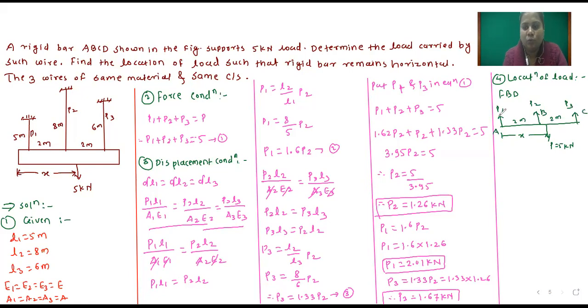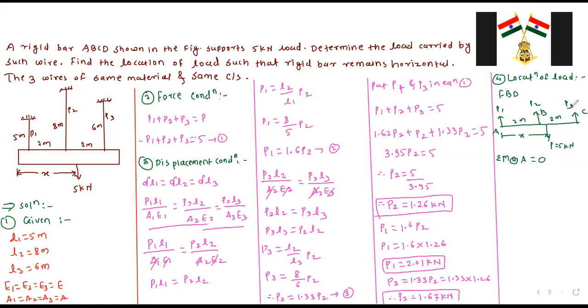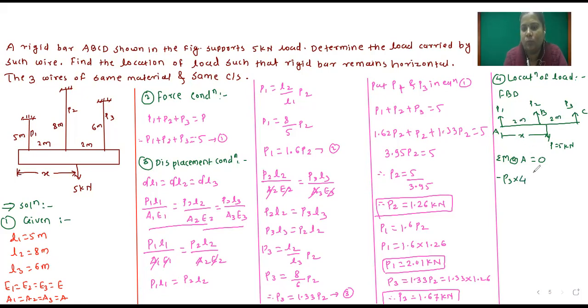Now we will take moment at A. Summation of moment at A is equal to 0. We will take moment from this C side. This P3 force creates anti-clockwise moment, so minus P3 into the perpendicular distance, which is 4 meter.